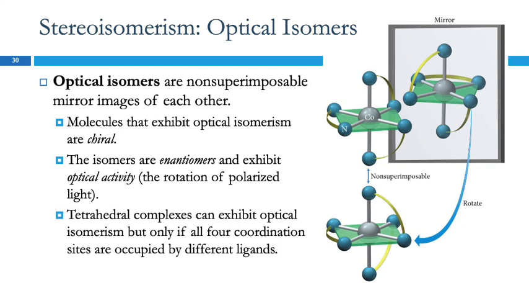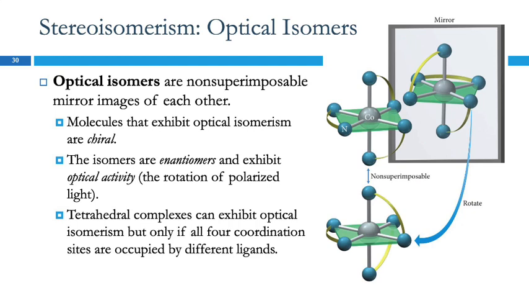The isomers are called enantiomers, and they exhibit optical activity, which means if you shine polarized light through a solution of this stuff, it will cause the light to turn. It's crazy. So what we did here, kind of inadvertently, is we have two optical isomers here.